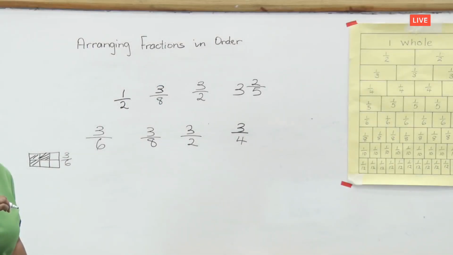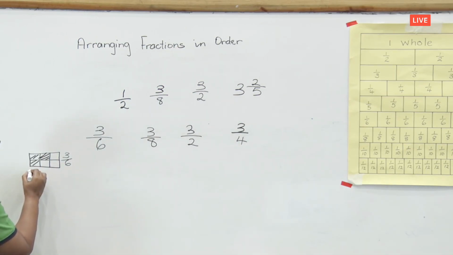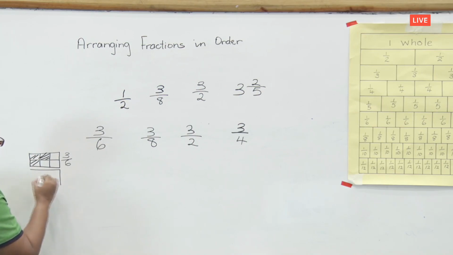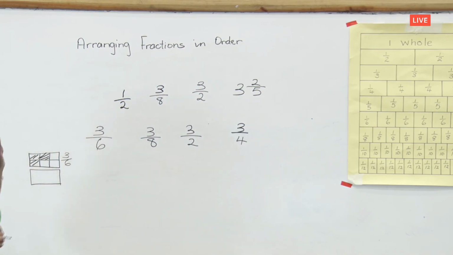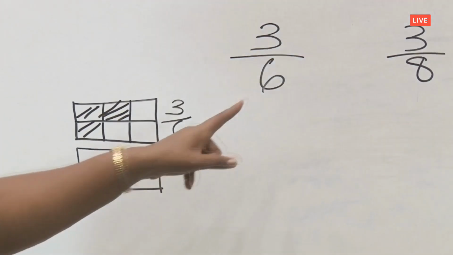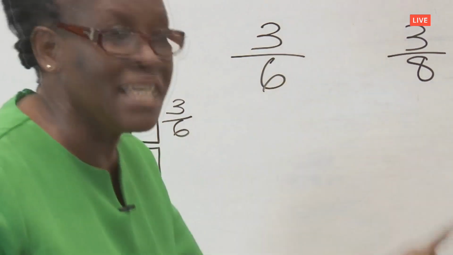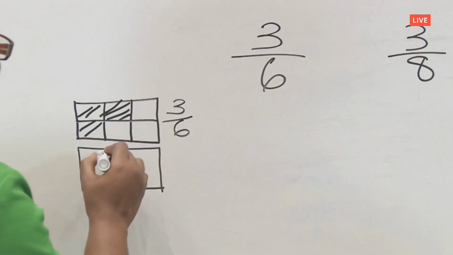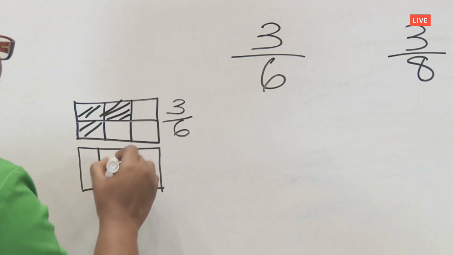Very good. Now I need to draw another whole, and my other whole must be the same size. How many pieces do I need in this whole? Yes, I need 8 pieces.